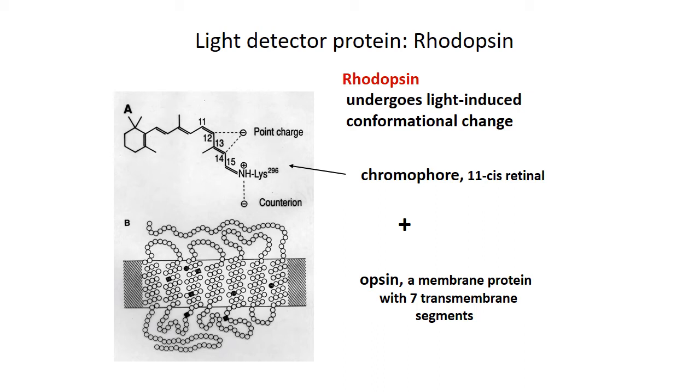As you can see, the protein part has a structure that's very similar to a G protein coupled receptor. It actually was the first G protein coupled receptor to be cloned, and we know the structure of this protein in very good detail.